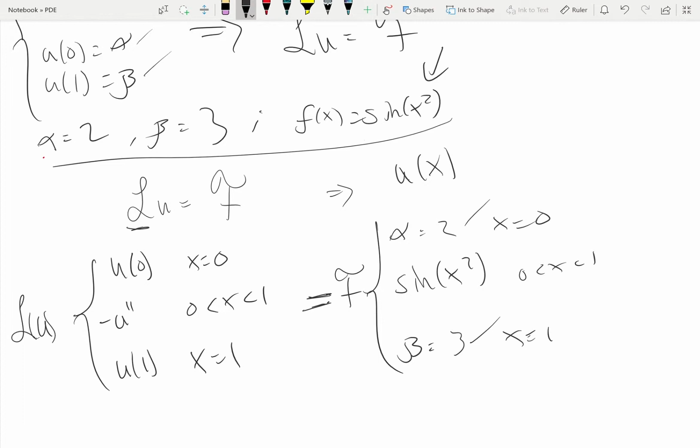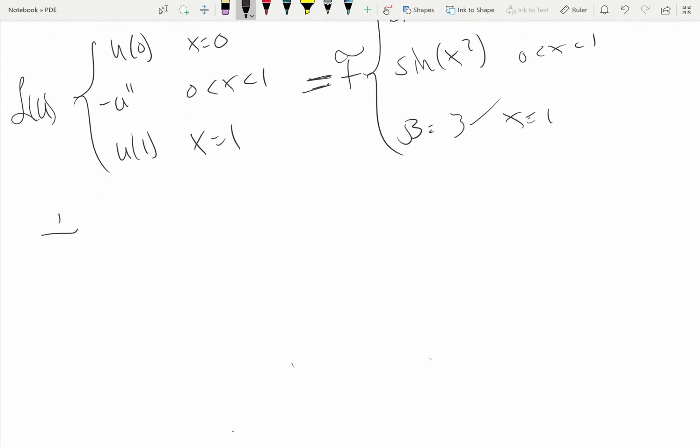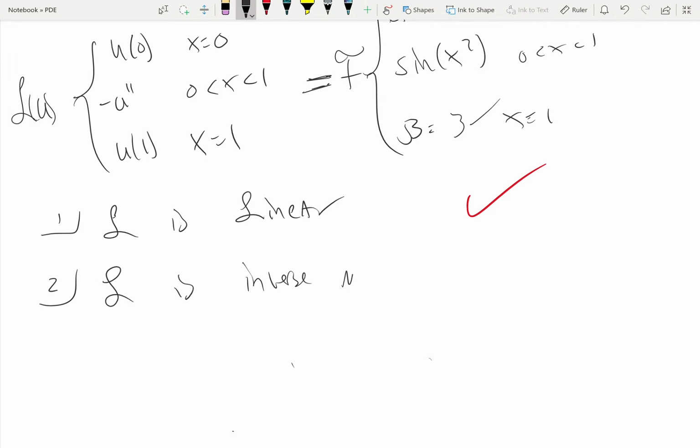So, now that we've done this, and earlier in the video I proved linearity, L is linear, we can check mark that off. Alright. Now the second thing we have to prove is that L is inverse monotonic. So we have L of u is bigger than or equal to 0, implies that u is bigger than or equal to 0.